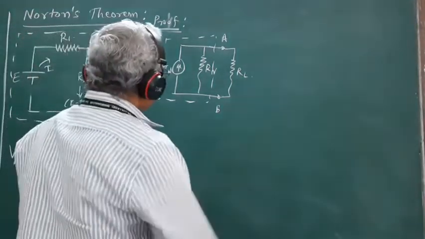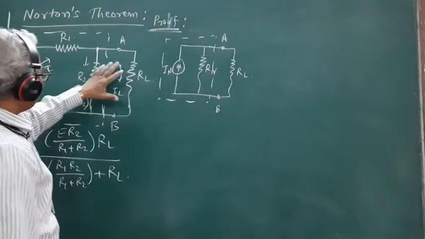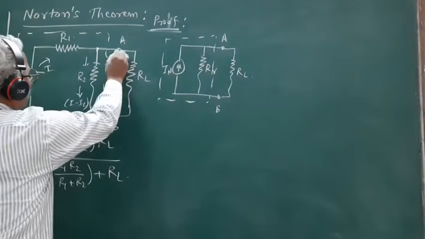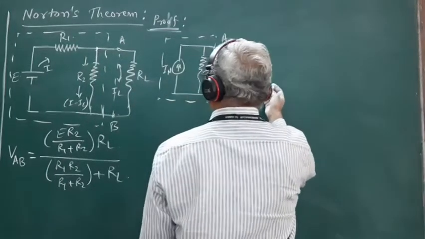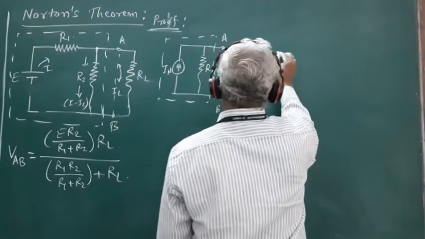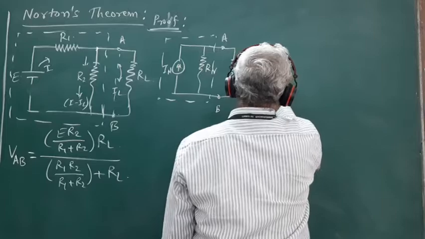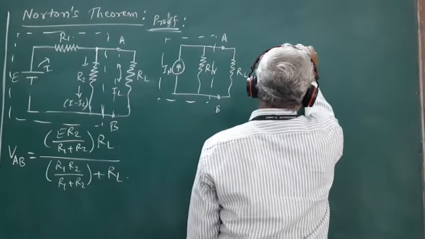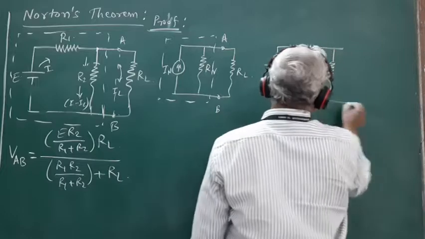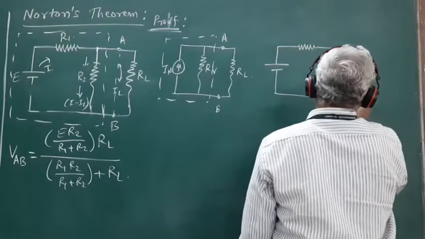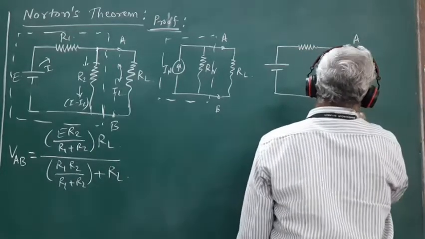So what we need to do is, from the given network, if we put a short across the terminals A and B, the network we get will be of this type. So we have this source E, the resistance R1, the resistance R2, and these terminals A and B here.